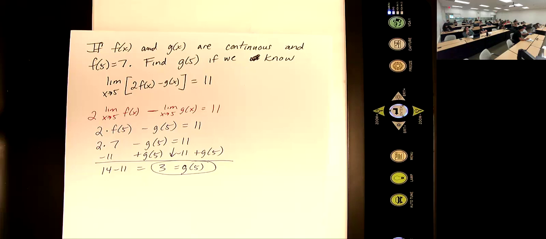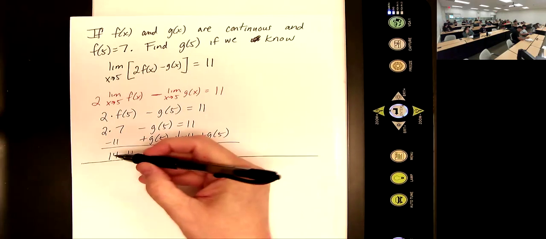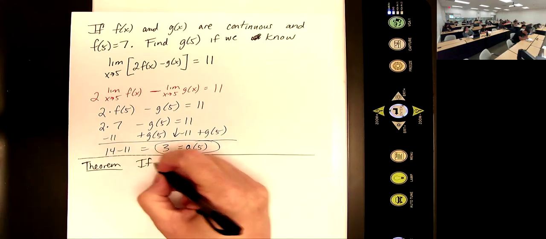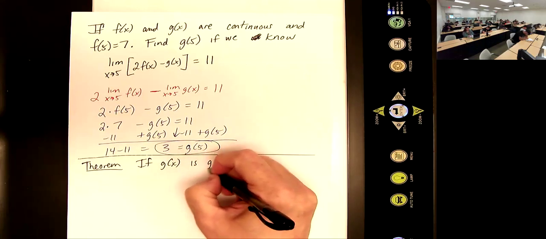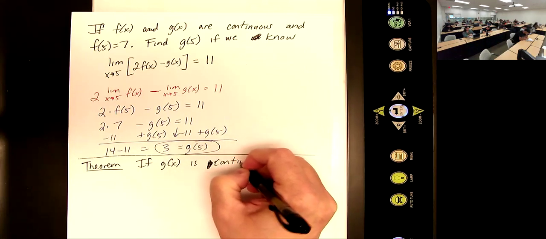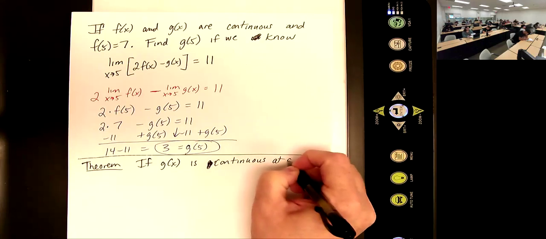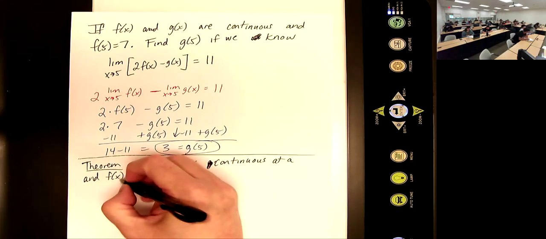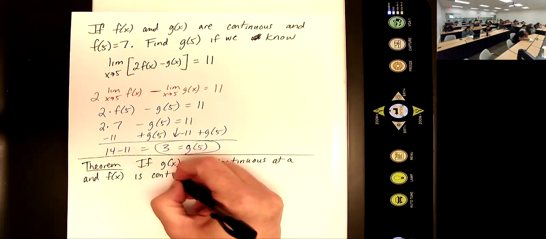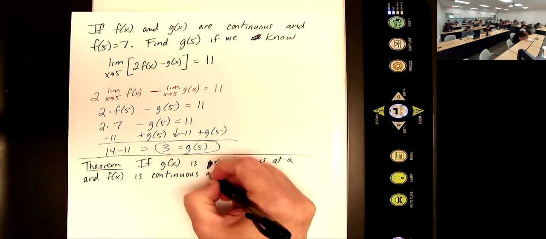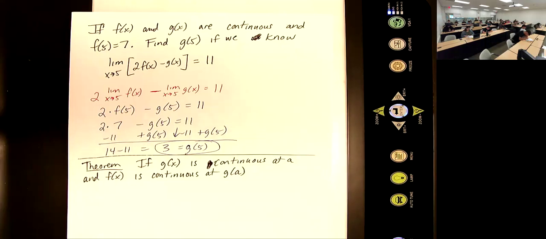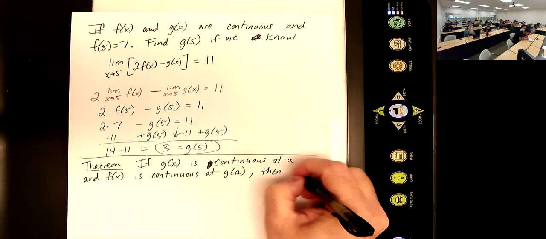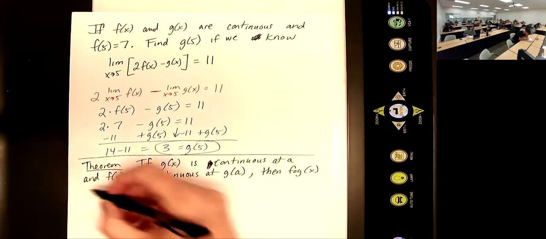All right, let's do another theorem. If g is continuous at a, and f of x is continuous at g of a, then the composite function f of g is continuous at a.